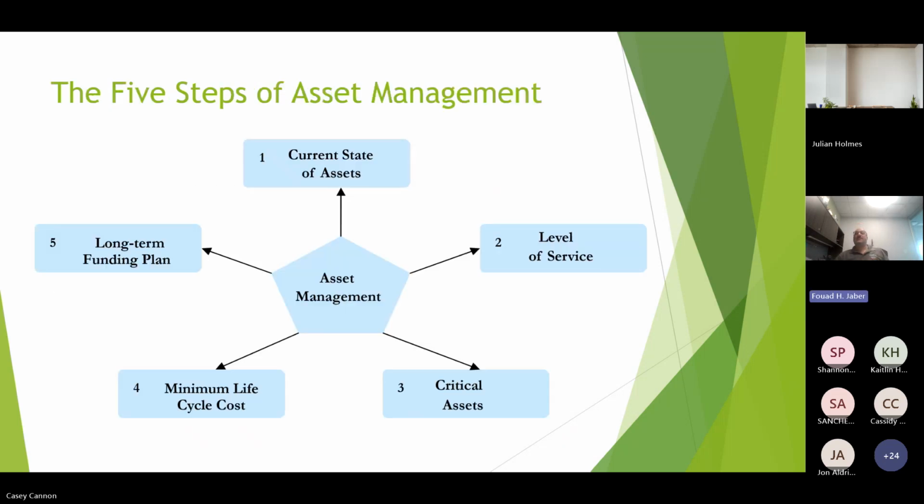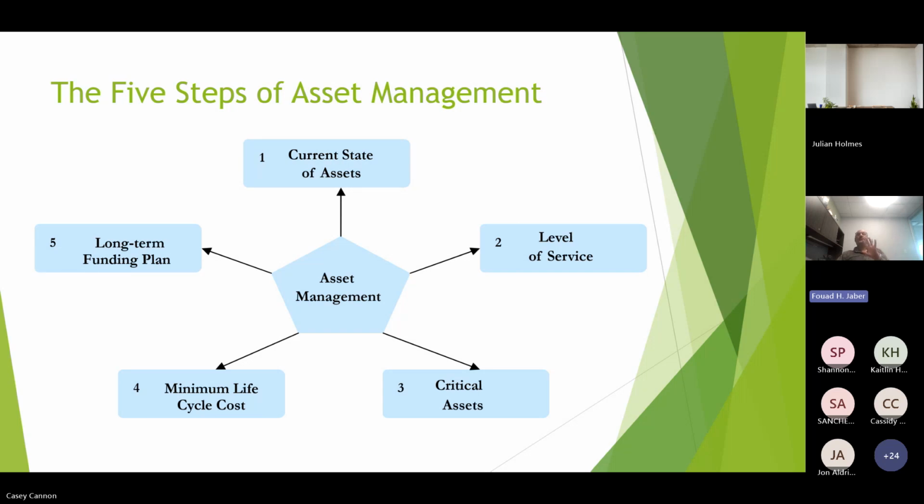And this is, again, just as I said, a repeat, it's a different angle. So maybe if someone couldn't follow the linear approach that was presented earlier, we have here a circular one. So basically, you have your asset, the current state of the asset, how are they working, what's their condition, the level of service, and we're going to talk about these. She already talked about them a little bit. What the criticality, what are the critical assets, the minimum life cycle cost, and finally a long-term funding plan.